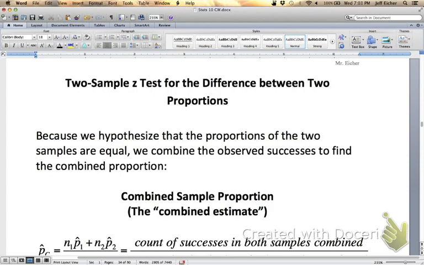The name of the significance test you may be able to guess. It's called a two-sample z-test, or two-prop z-test on your calculator. One kind of preliminary that we have to talk about that's going to be important for our calculation of the standard deviation of the statistic for the difference between two proportions is called a combined estimate.